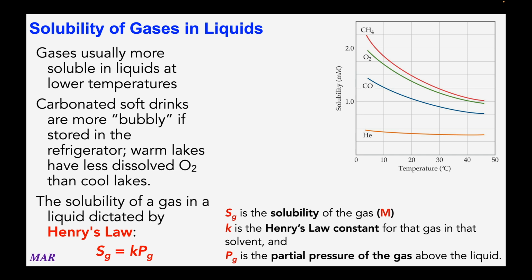It also depends on the partial pressure of the gas over the liquid. The more partial pressure you have, the more soluble the gas is in the liquid. On the other hand, if you don't have a lot of the gas above the liquid, then the gas is not very soluble. Henry's law is used a lot by the soft drink industry to make the best possible combination of carbonation with their drink.